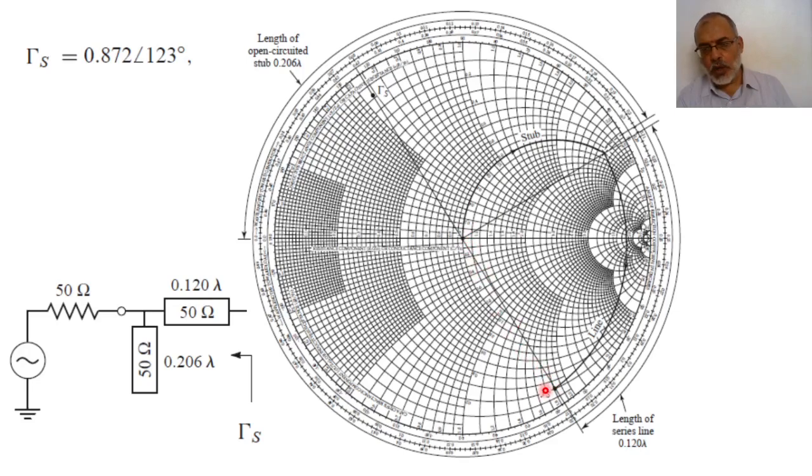With this radius, I'm going to draw a circle like this until I intersect with the real circle 1. This is the real circle 1. So I'm moving with a constant gamma circle towards the load, counterclockwise, until I intersect with the unity circle of real part 1.